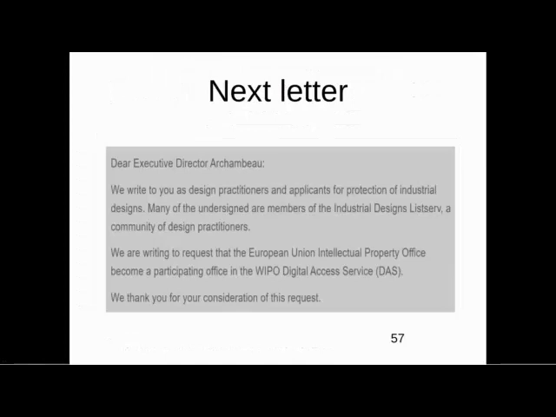Now, I mentioned that the European Union Intellectual Property Office has not yet joined DAS. Well, there's a letter that's going to get written, that's going to get sent tomorrow to the executive director asking that the European Union Intellectual Property Office please become a participating office in DAS. Right now, it has 62 signers.